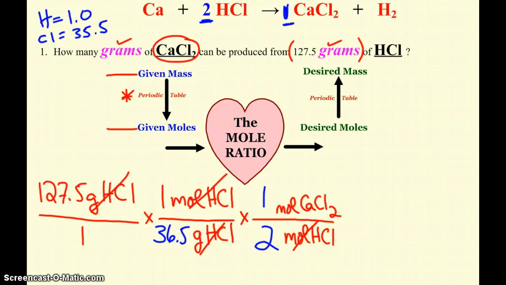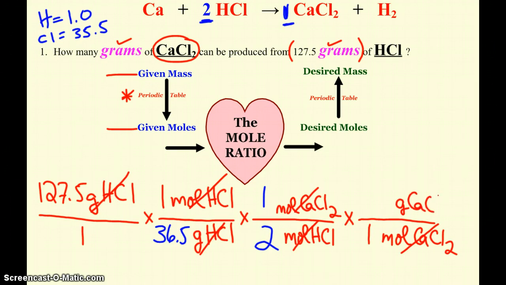Now I have the final step where I need to go back to mass using the periodic table, but this time for my new substance. So here, calcium chloride. So again, going to the periodic table, 1 mole of calcium chloride, and I need to change that to grams.